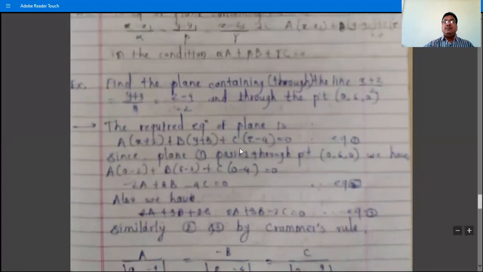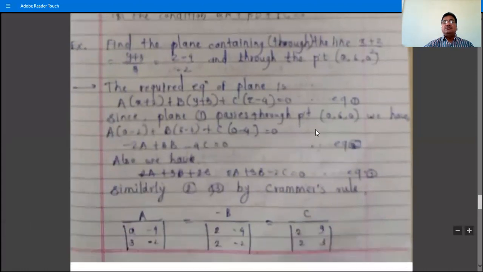Since the plane 1 passes through the point (0, 6, 0), this point satisfies the equation. Substitute x, y, and z as 0, 6, 0. We have A in bracket 0 plus 2.